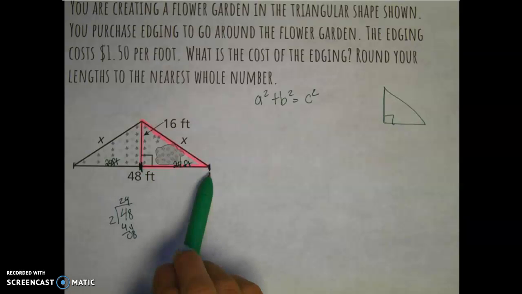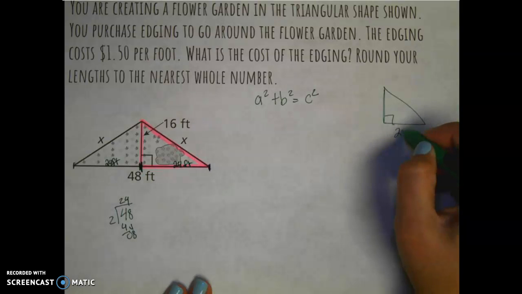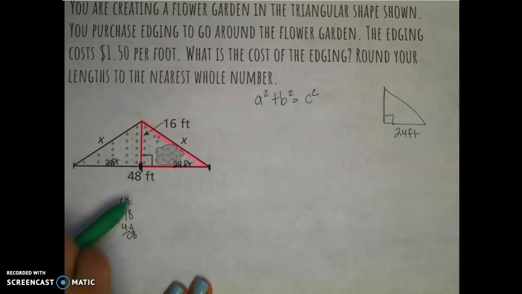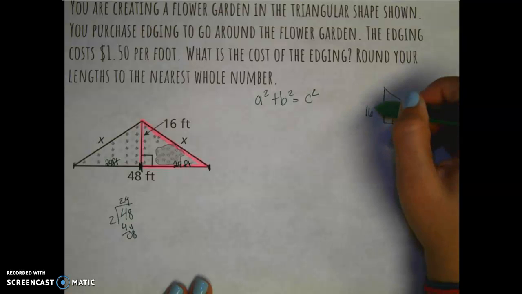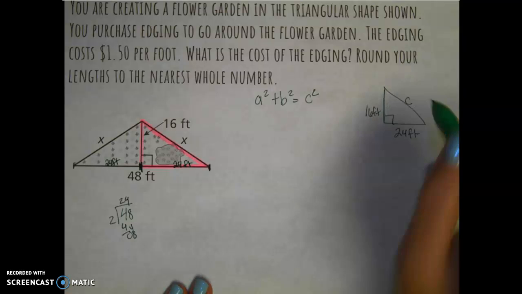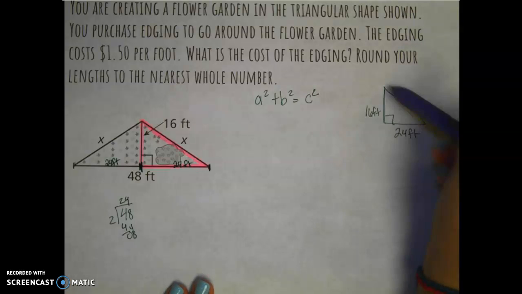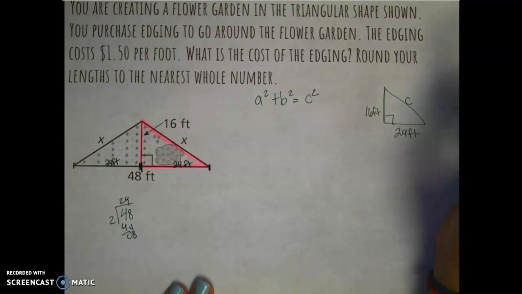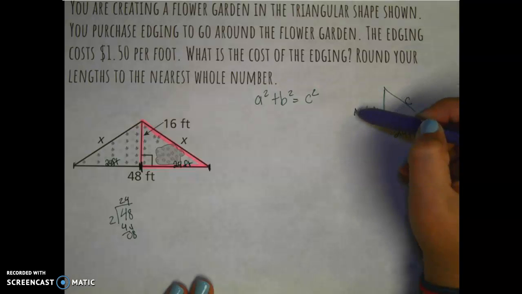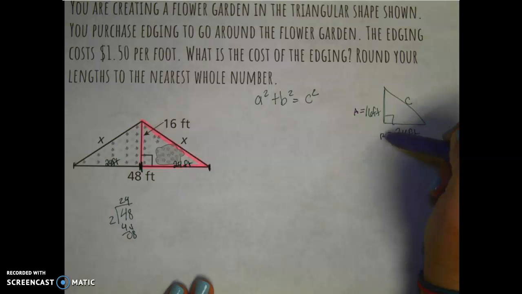From here to here is 24 feet. From the center straight up is 16 feet. And I don't know what my c or my x is. So now I can easily establish that I'm going to find c. I'm going to say that this is A, and this is my side B.